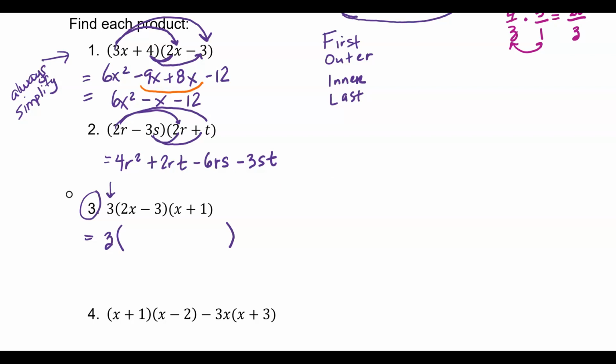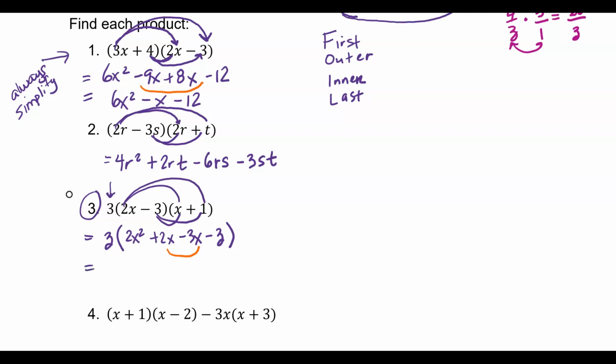So let's FOIL the binomial times binomial. So that's 2x squared plus 2x. Then we multiply negative 3 times x. And we have negative 3 times 1. Now, notice that there are some like terms in here. Let's take care of what's on the inside of the parentheses first.